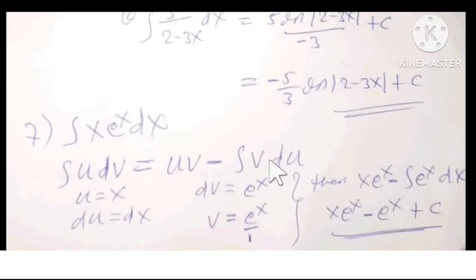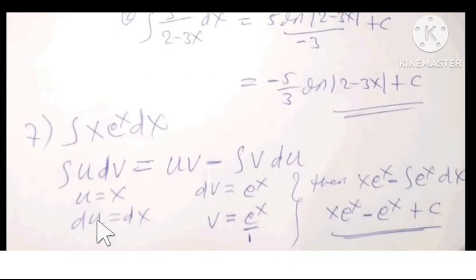du. So what is u? For the first property, u is x. Next, the derivative of u with respect to x: simply write down du, which is equal to the derivative of x, which is 1, times dx.